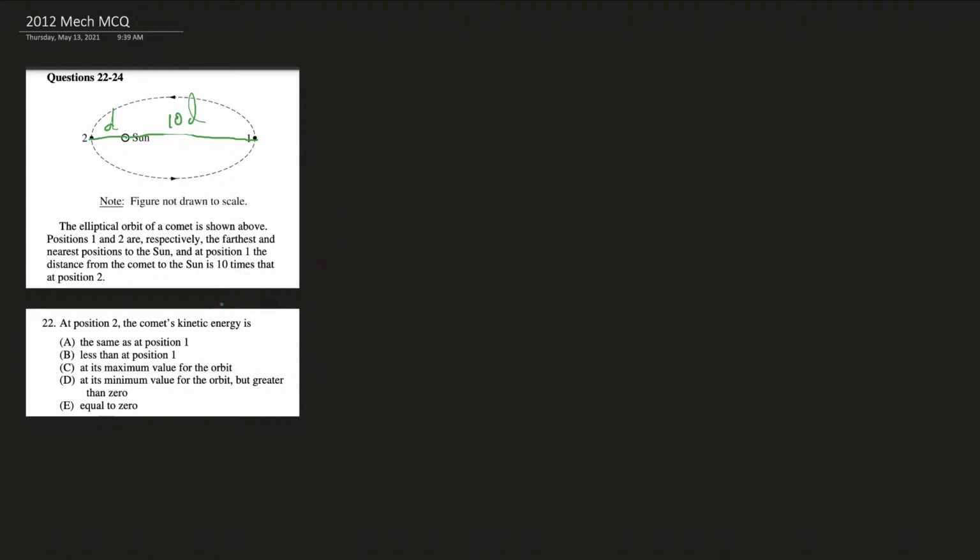So at position 2, the comet's kinetic energy is, well, if you think about it, the angular momentum is conserved in this situation, right? Which is going to be r cross p, which is going to be equal to L. Well, at 10d, we know for a fact that the radius is greatest here.